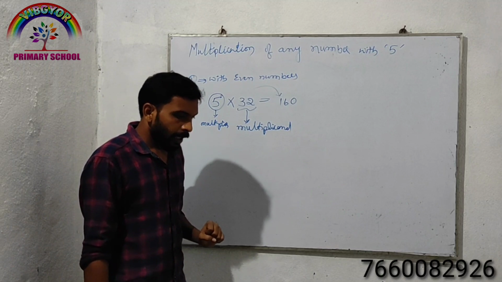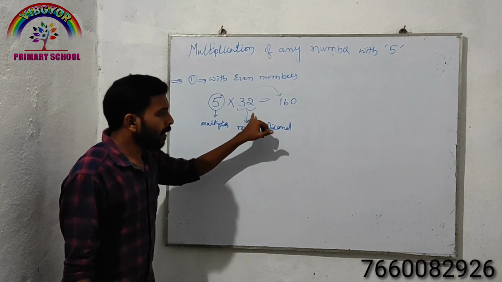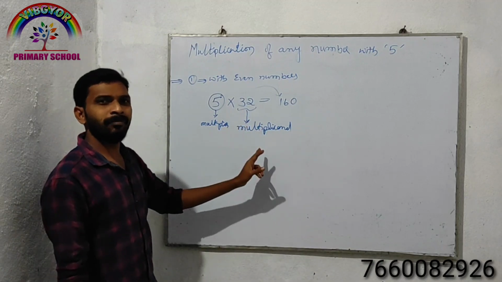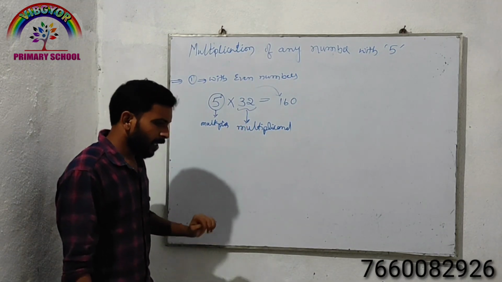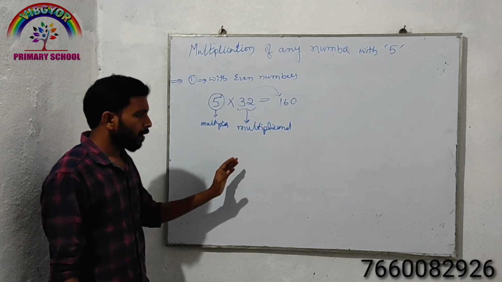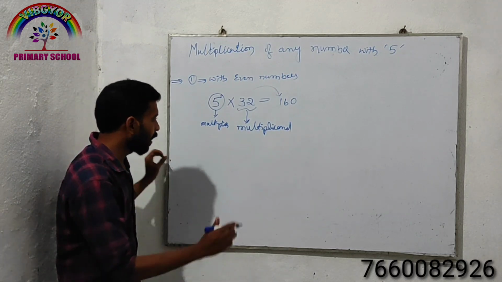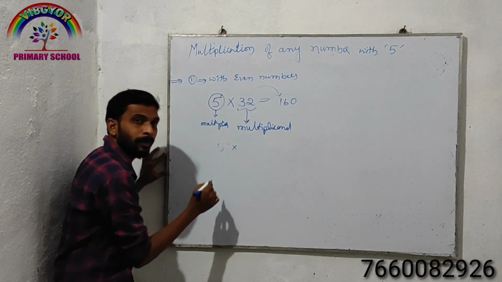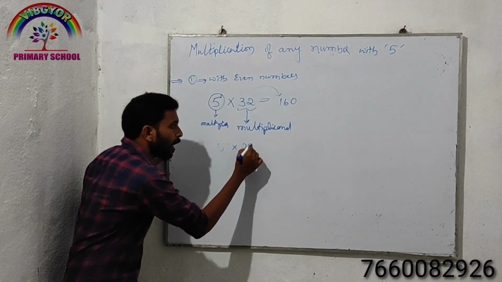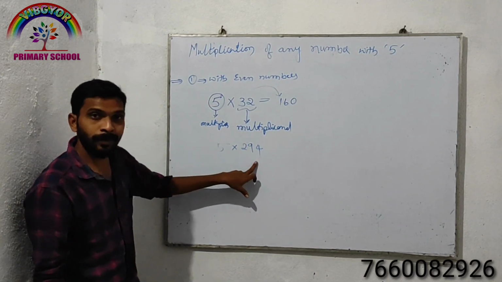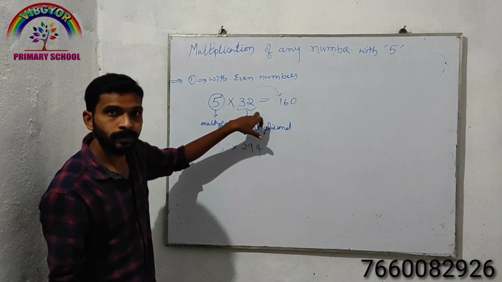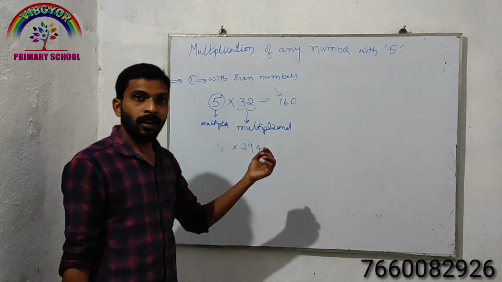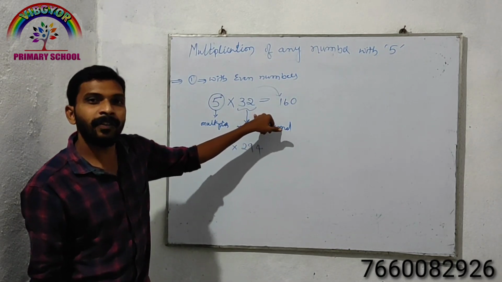If the even number is smaller, then taking half of that number is easy. But if that number is bigger, like 5 multiplied with 294, then 294 is a bigger number. For some students, taking half of the given number is difficult.